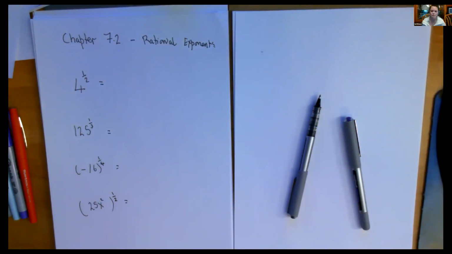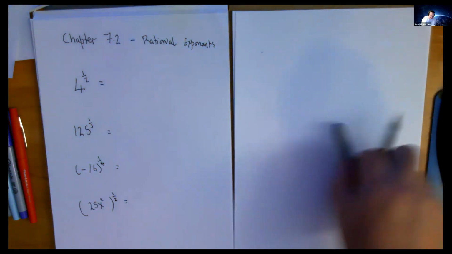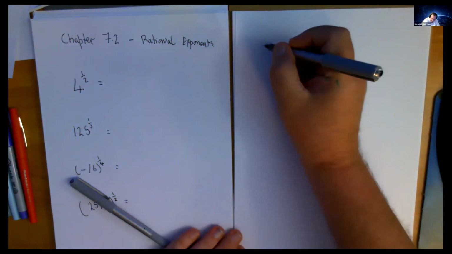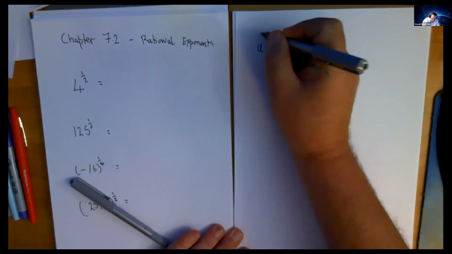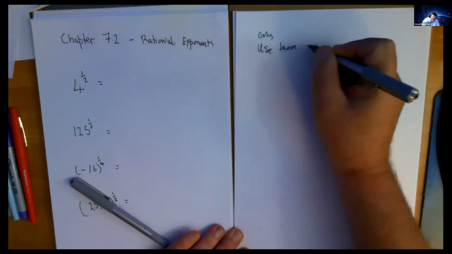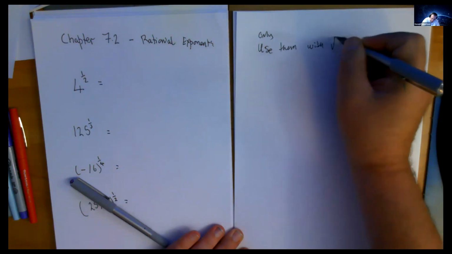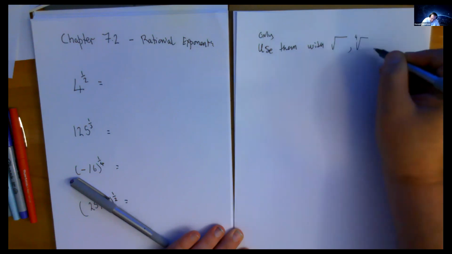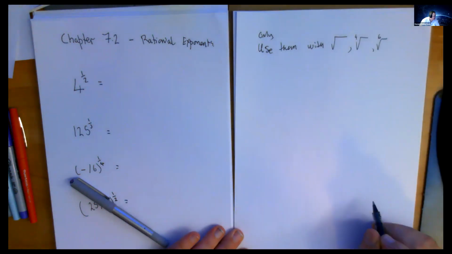Can you quickly just go over when you need the absolute value so I can write it down? Yeah. Okay, so rules for absolute value. Only use them with square roots, fourth roots, sixth roots. That's the first rule.